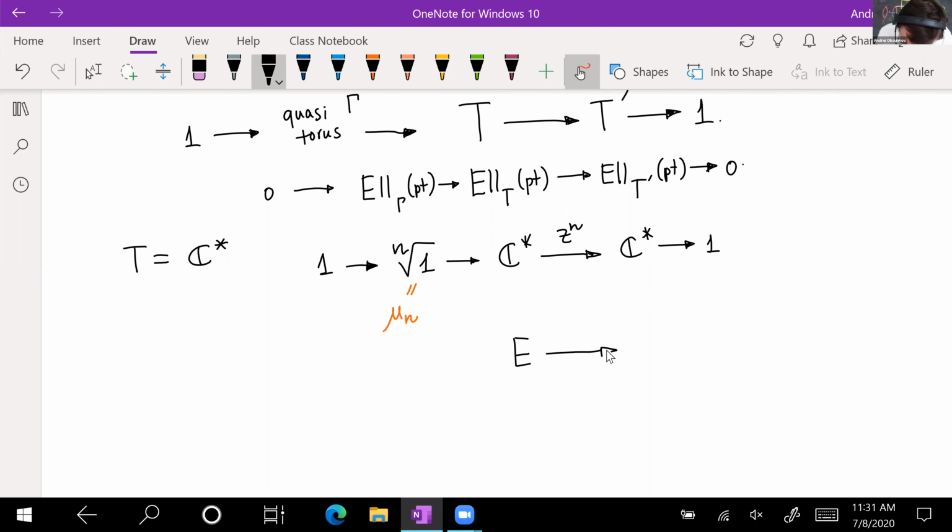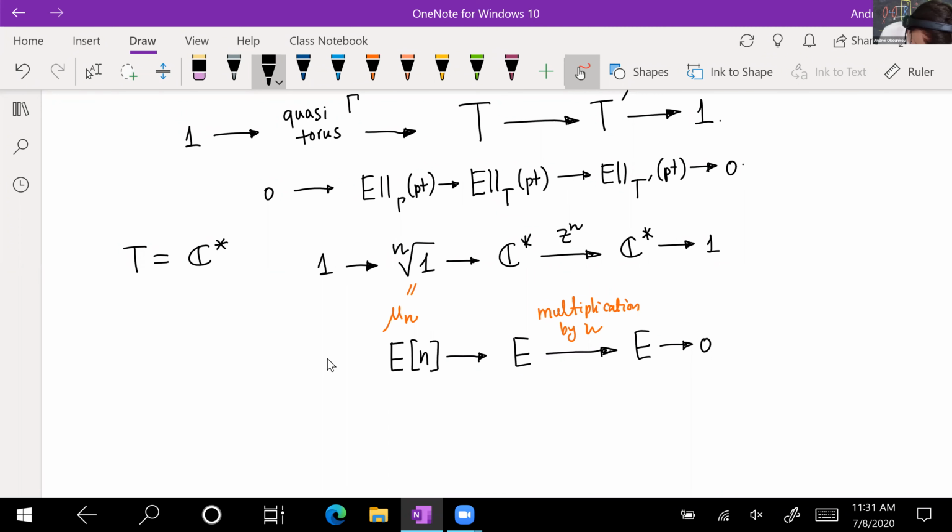This is raising to the power n, which is multiplication by n. And then on E, this map is surjective, and its kernel is denoted like this. These are groups.